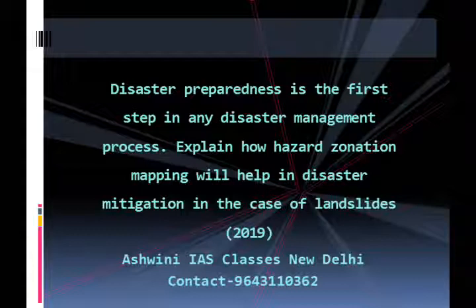Since LSZ is conceptually accepted as landslide hazard zonation, it is popularly referred to as landslide hazard zonation all over India. Fourth is the selection of the scale.